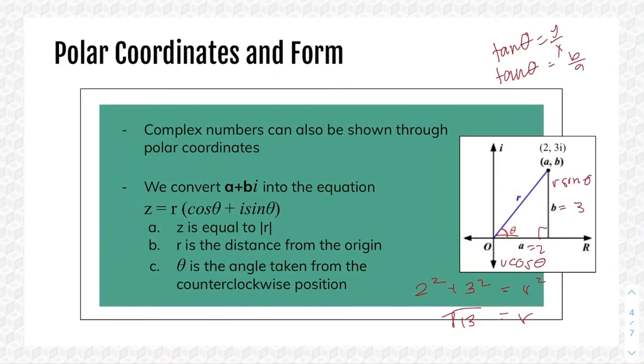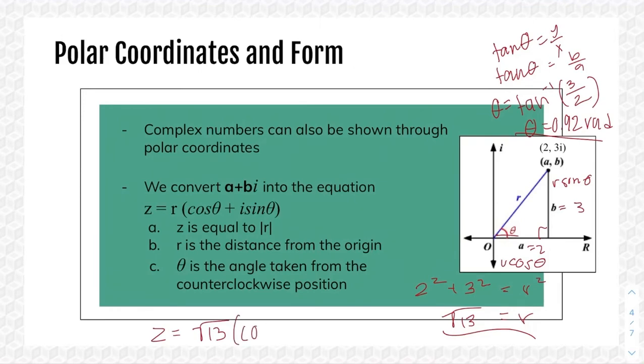So to find theta itself, we'll be using arctan of our b value, which is 3, over our a value, which is 2, giving us theta equals 0.92 radians. Now with these variables, we could plug it into our polar form and get the equation z equals radical 13 times (cosine 0.92 plus i sine 0.92).